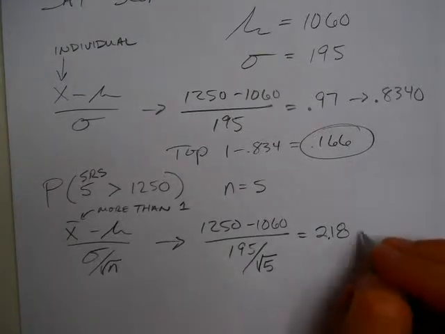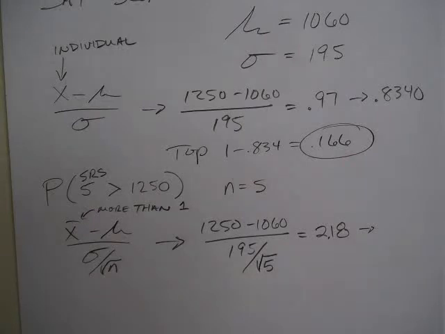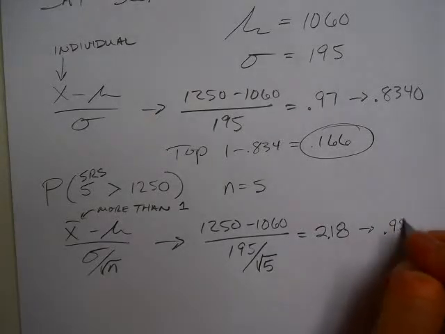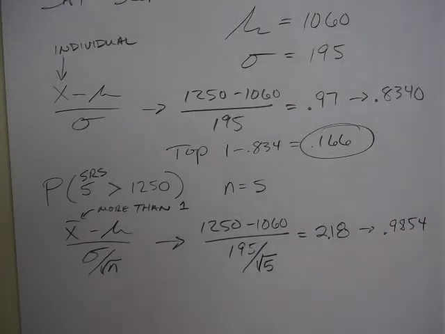So if I take that to table A, 2.18 is 0.9854. So what that would do is that would say that this randomly selected group of 5 would be in the almost the 99th percentile of all randomly selected groups of 5 that I could possibly select from.